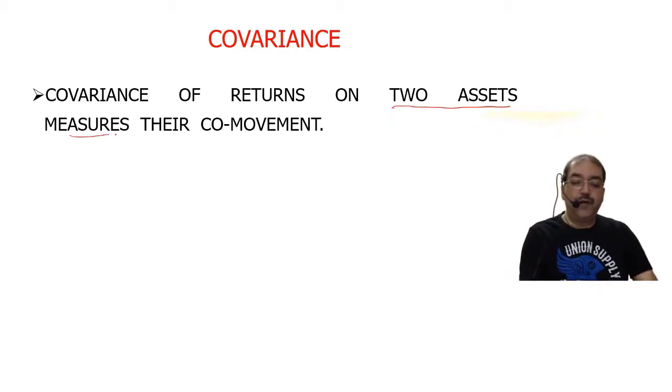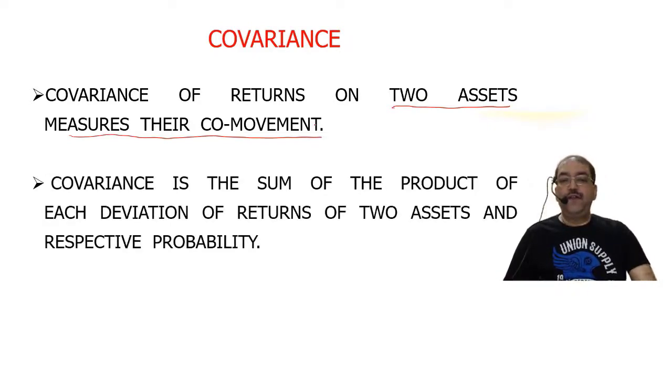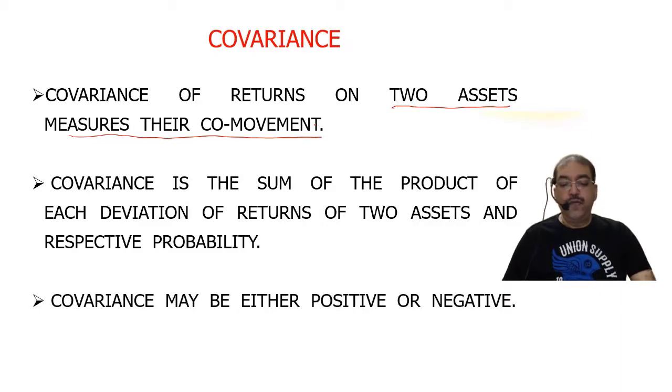Measures their co-movement. Covariance is the sum of the product of each deviation of returns of two assets and the respective probability. And third is that covariance may be either positive or negative.